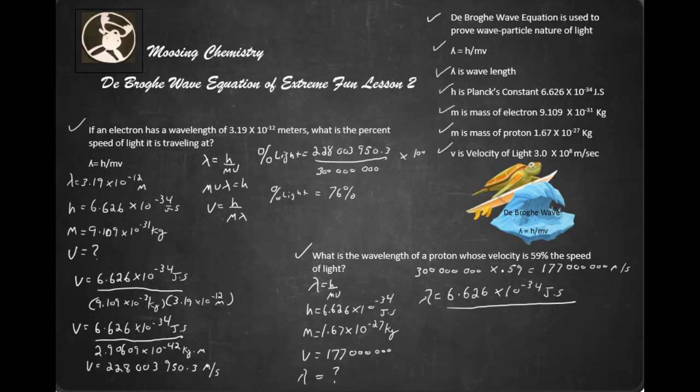So we're going to do the mass of the proton. So far so easy. This is really not that hard. I mean, it doesn't look bad. It looks pretty darn easy, actually.